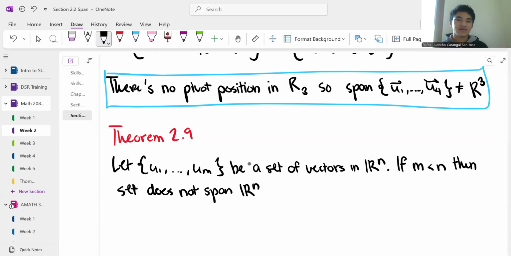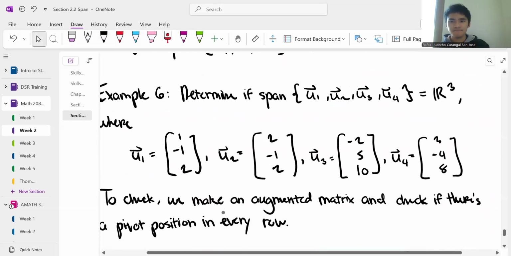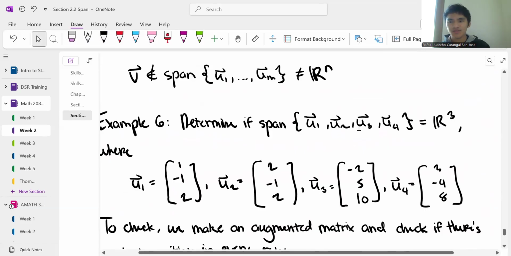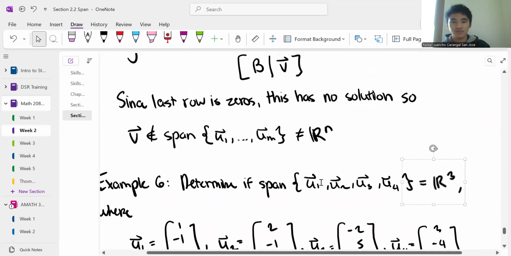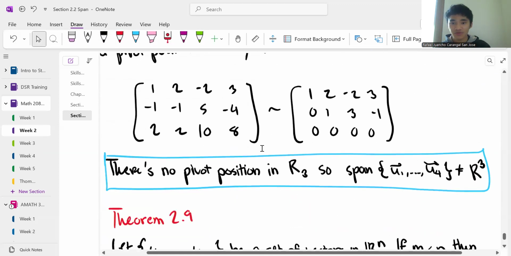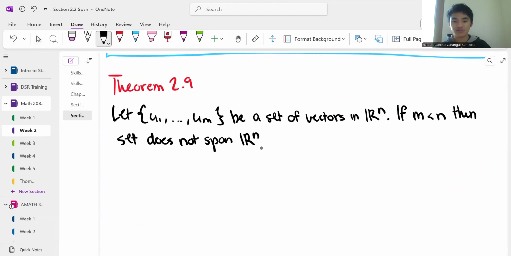If the number of vectors is less than the number of dimensions, it doesn't span Rn. Well, this one it's more, so we actually don't know. But for sure we know if it's less than, it doesn't span Rn.